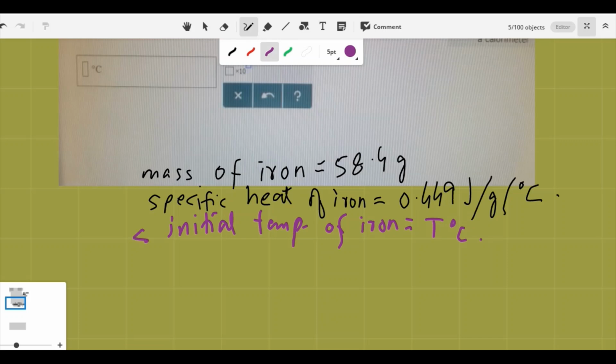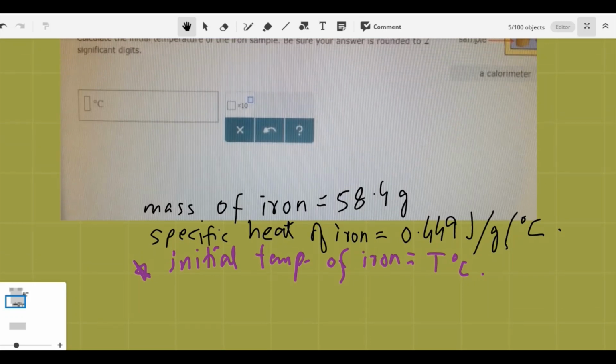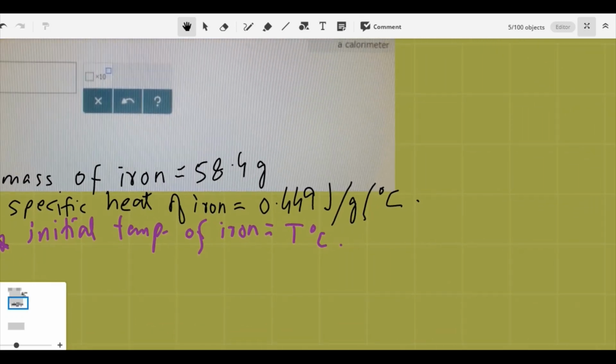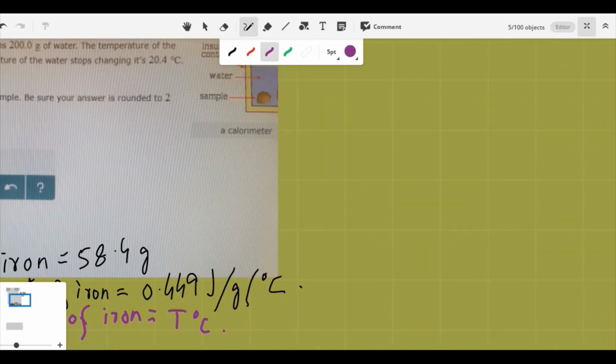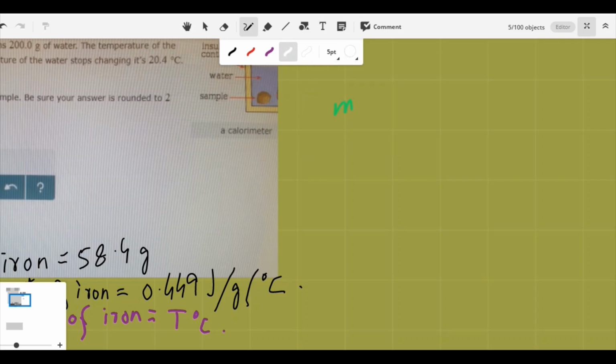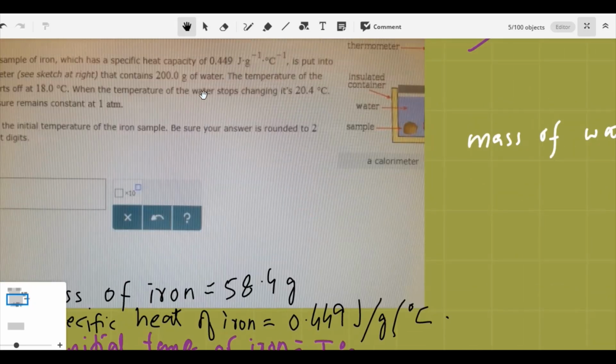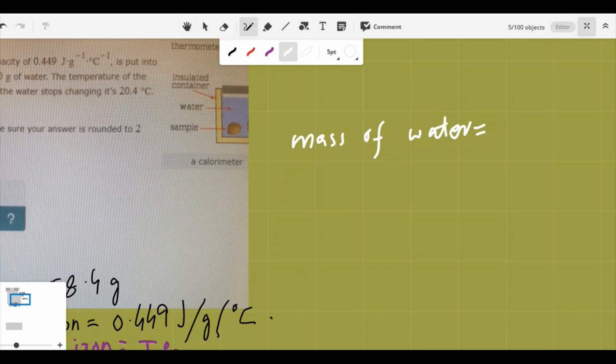Now the next one, the information related to water. Let me change the color. So here the mass of water is equal to 200 grams.